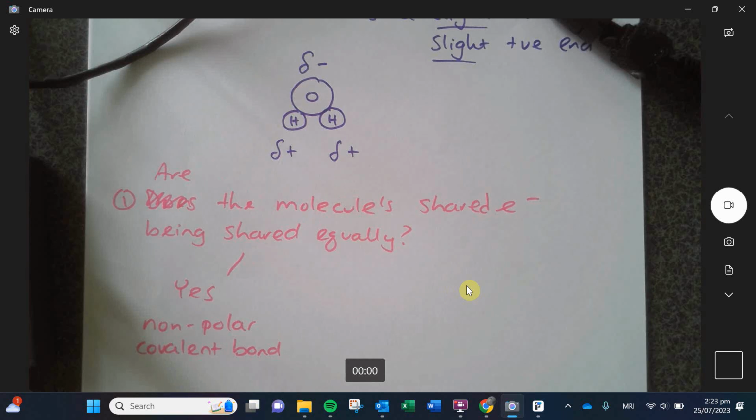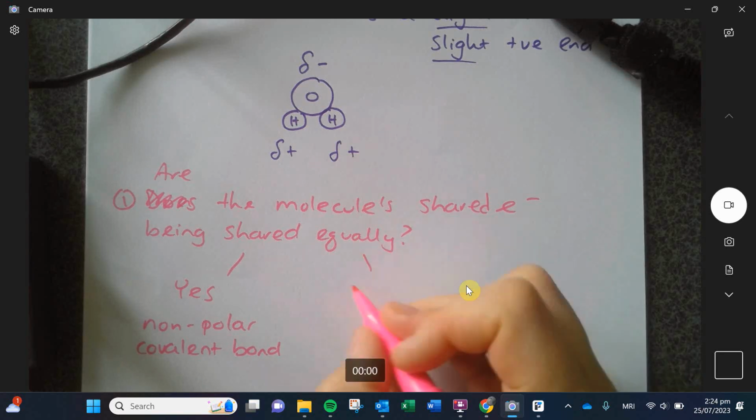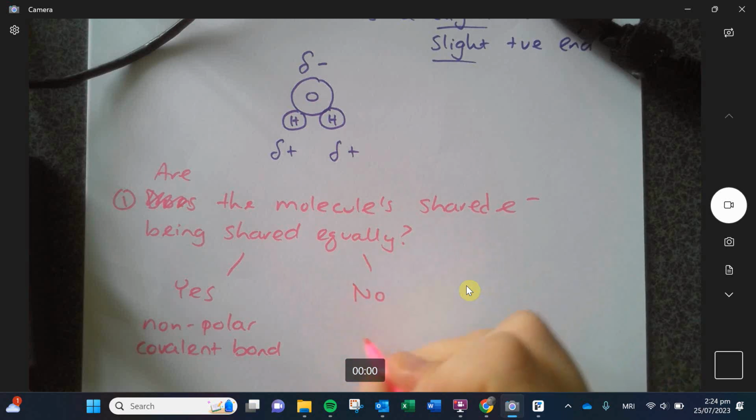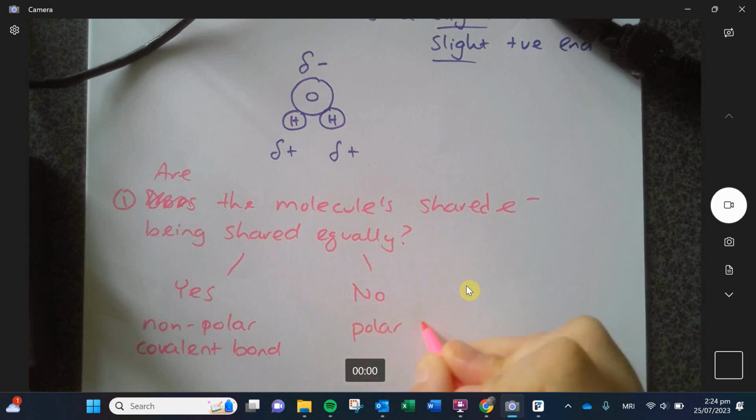If the answer is yes, then what we're going to call that is a non-polar covalent bond. Unfortunately, we're going to use the term non-polar and polar for both describing the bond and describing the molecule. So be careful when you answer which one you are referring to. It's useful to write bond or molecule or overall when you're trying to explain which one's which. If the answer is no, then we have a polar covalent bond.